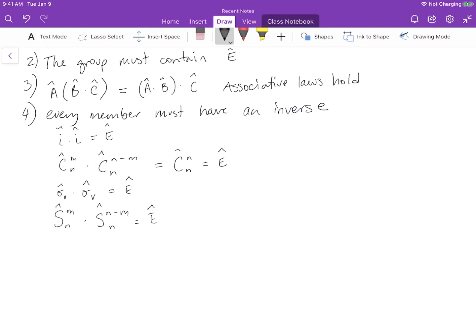So if it's even, it's the same rule as for rotation, but if it's odd, it's now 2n minus m in the superscript. And that comes out of the derivation we did last time.